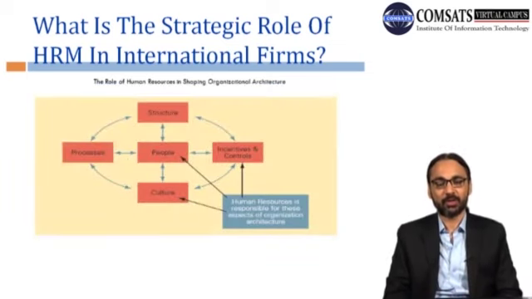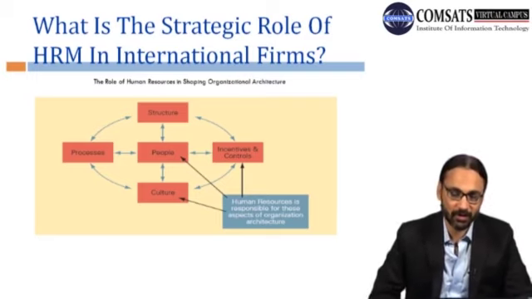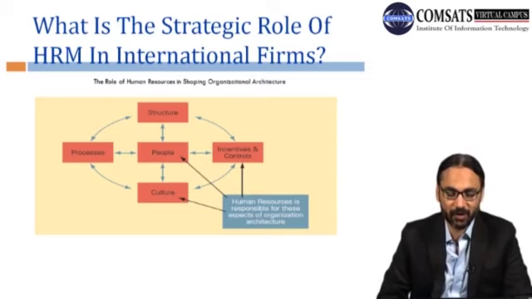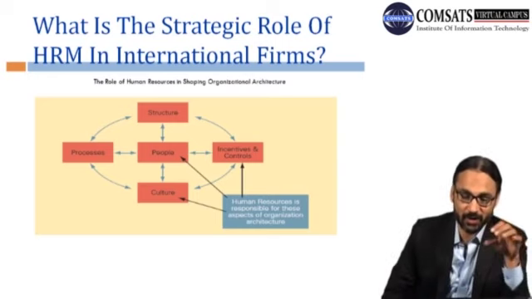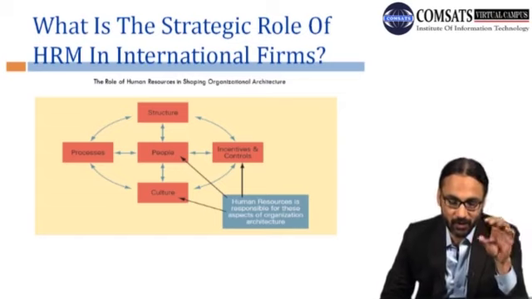Okay, what is the strategic role of HRM in international firms? The role of HR in shaping the organizational structure is given in graphical form. This figure shows a circular process which includes processes, structures, people, culture, incentives and controls.